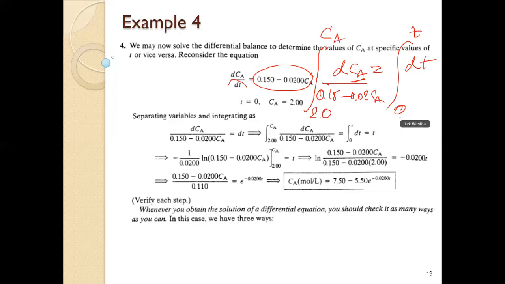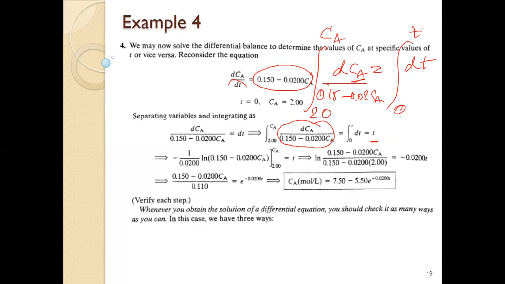From time 0 to any time, from 2 mole A per liter to CA. Then you can integrate dt, we get t, and integrate this.